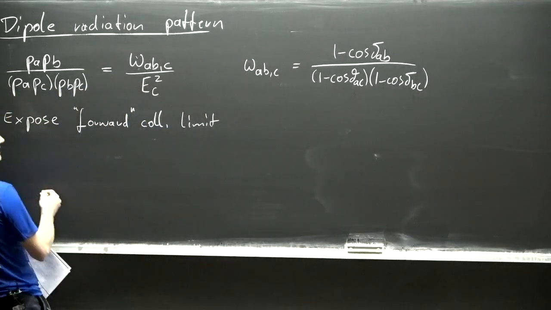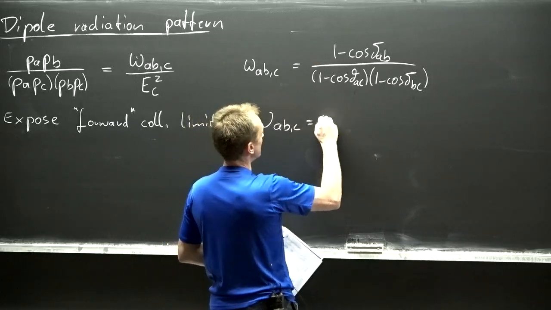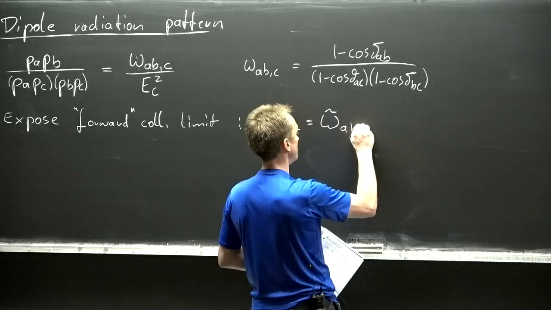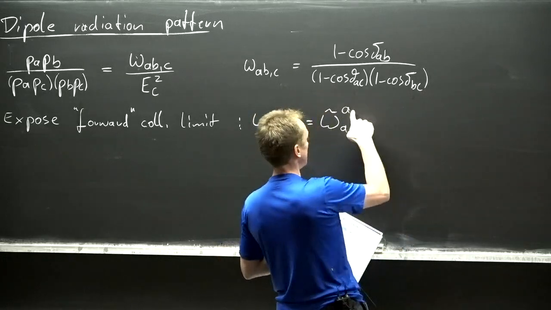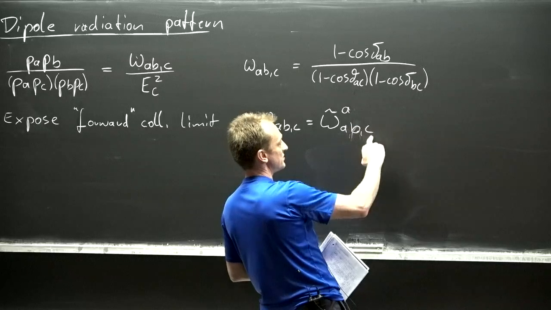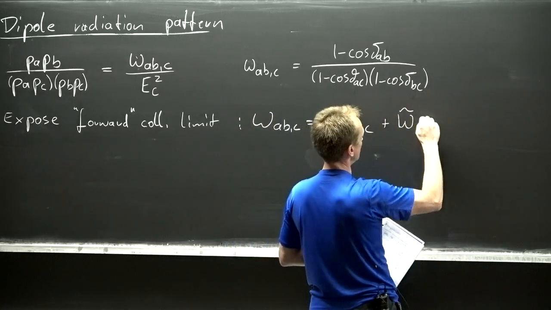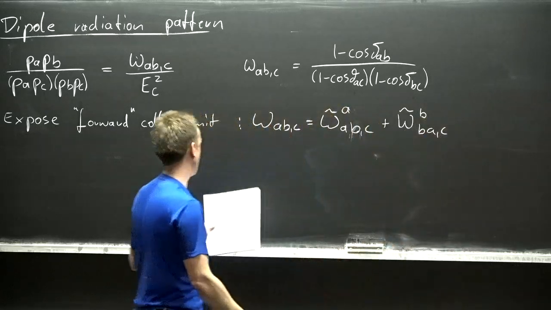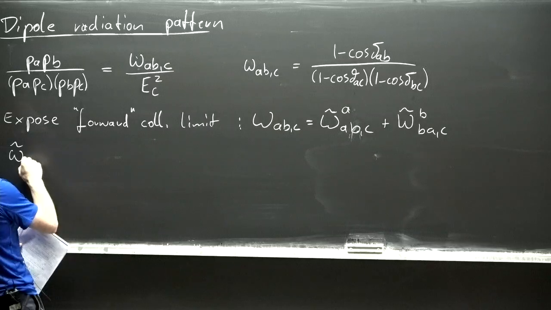By saying we write this W_ABC as a sum over two terms, W_ABC^(A), where I'm interested in the collinear limit between C and A, plus W_ABC^(B), the one where I'm interested in the collinear limit with respect to B. Okay, so how do I do this?